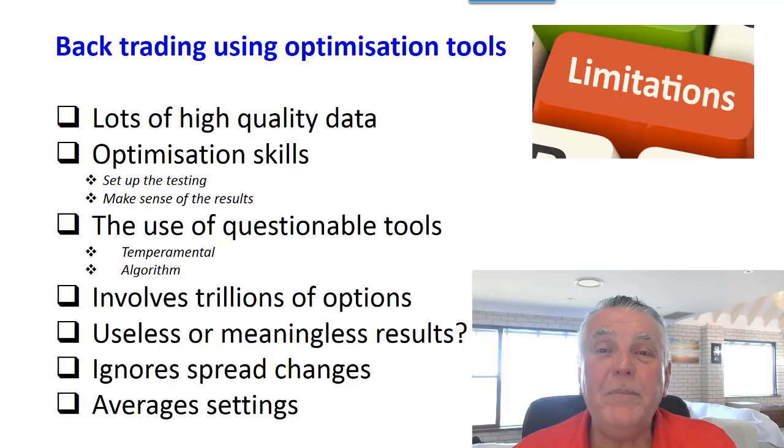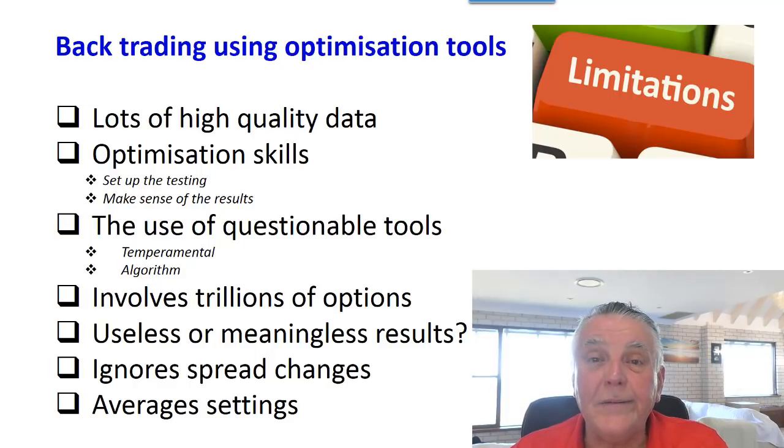Sometimes when optimizing an EA, the options can add up to trillions and trillions of options. That in itself is a weakness, because whatever answer you get is going to be 1 in a trillion, which is even worse odds than the lotto odds. You need to be aware of that. That is a limitation of optimization.